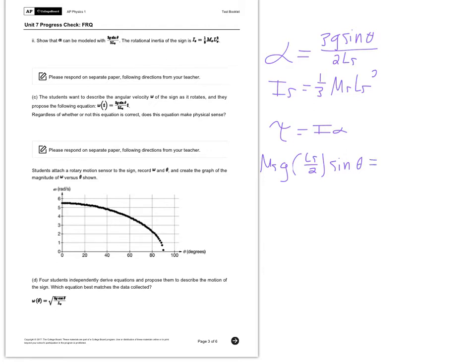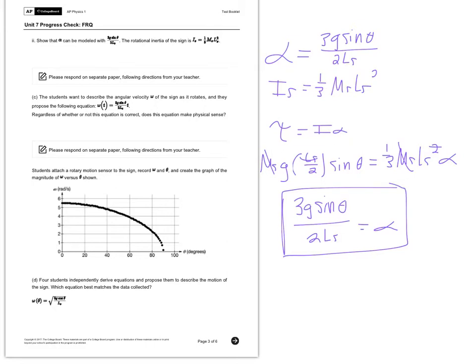And that's going to equal my moment of inertia, 1/3 ms ls squared times angular acceleration. So ms cancels, and that goes away. So we are left with 3g sine theta over 2ls equaling alpha.